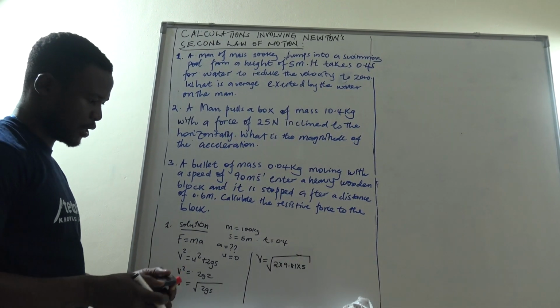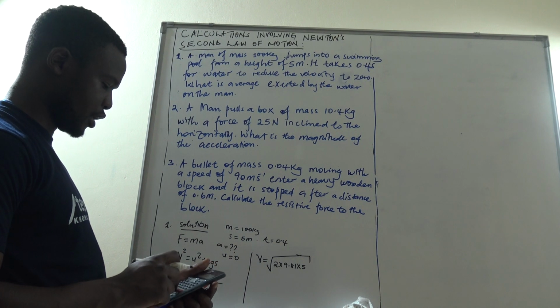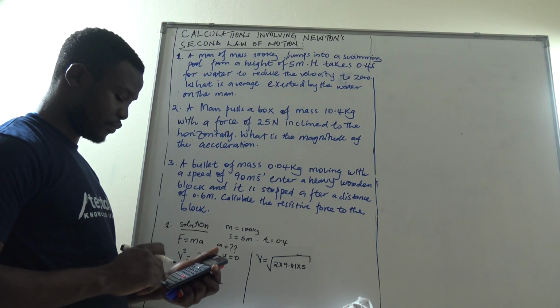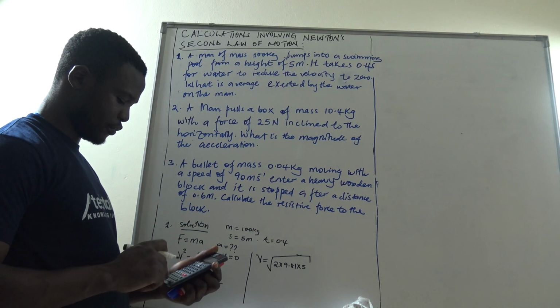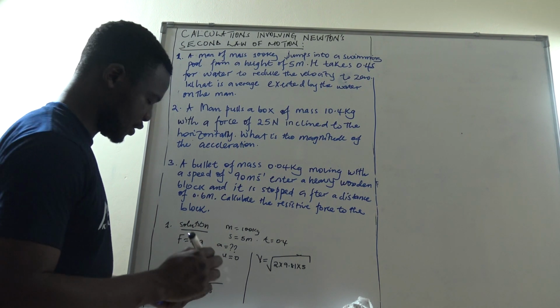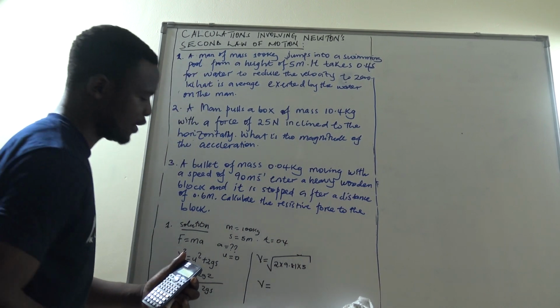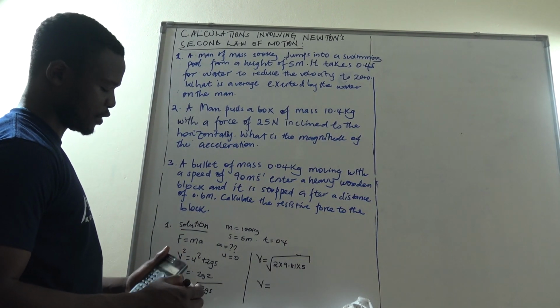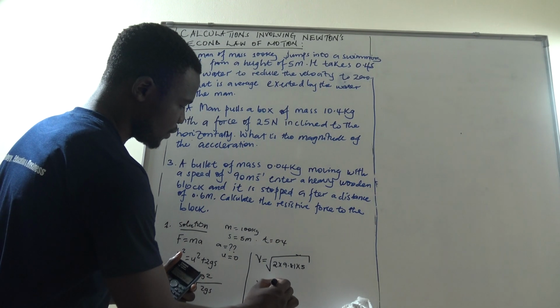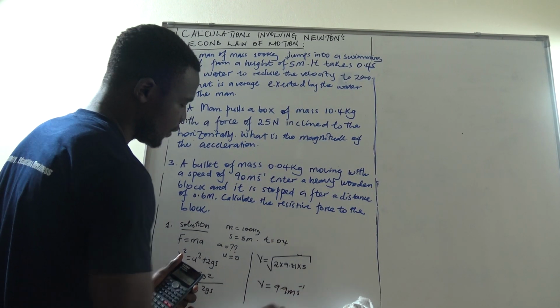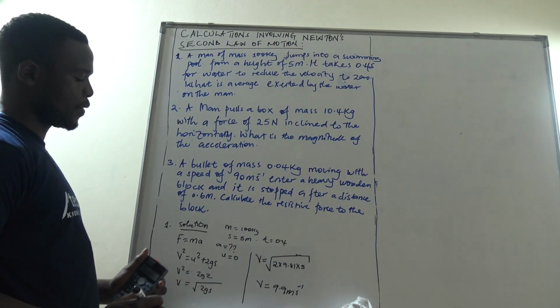So we get 2 times 9.81 times 5, square root of the answer. We see that this man, before landing in the water, was falling at a velocity of 9.9 meters per second.